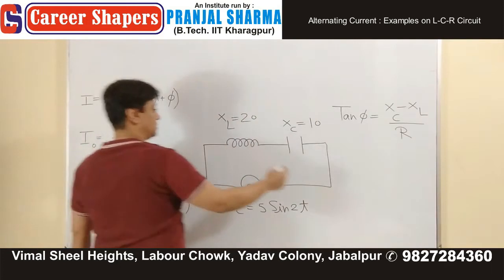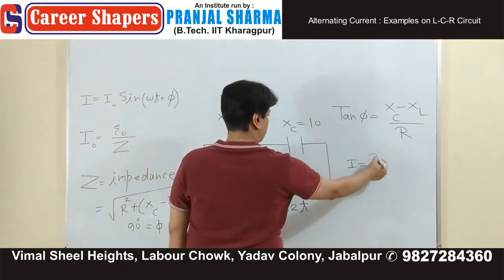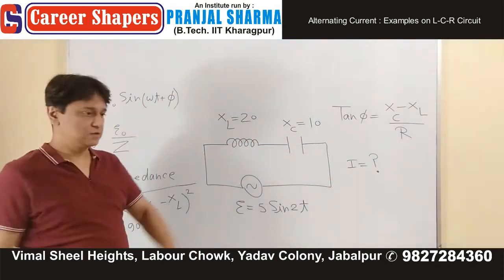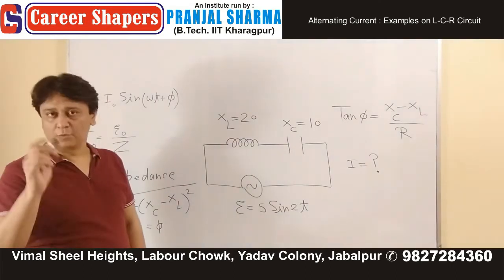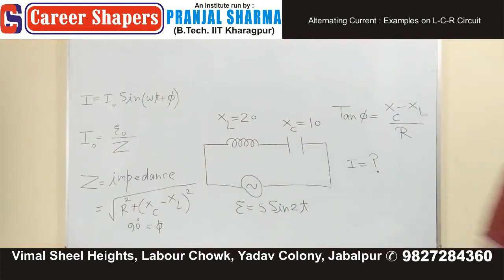Find out I as a function of time. You need to write I as a function of time in the comment box. Should not take more than 1 minute. Let's see how fast you are. Find out current in the circuit as a function of time.